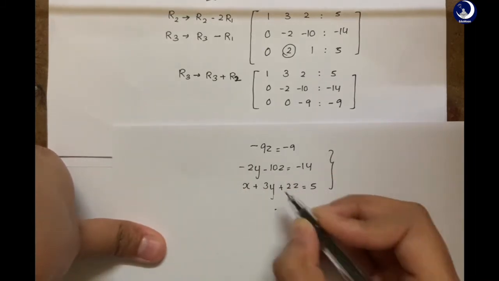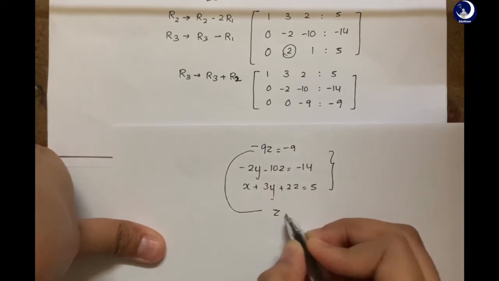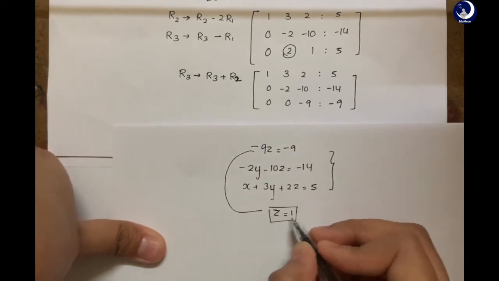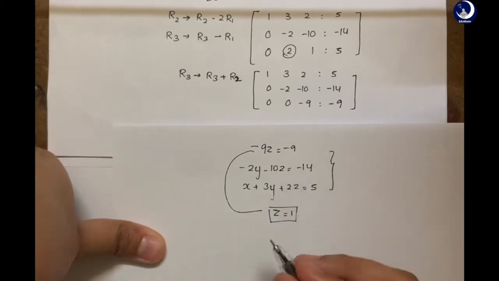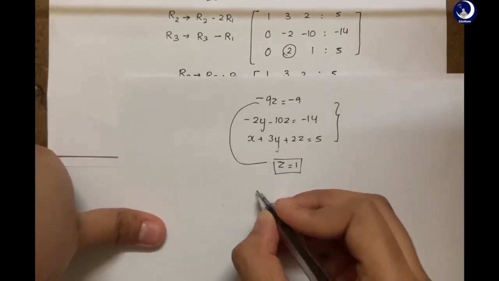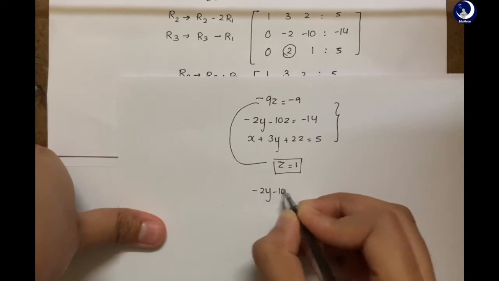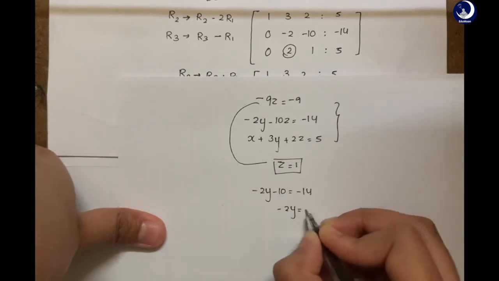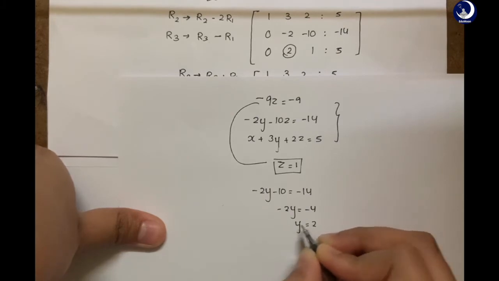So, we'll be getting z equal to 1 from this first equation. Let's substitute this z value in the second equation. y equal to 2.